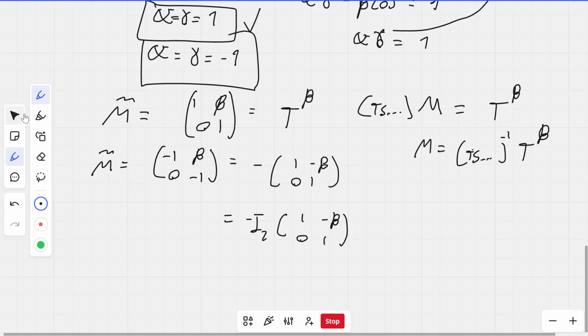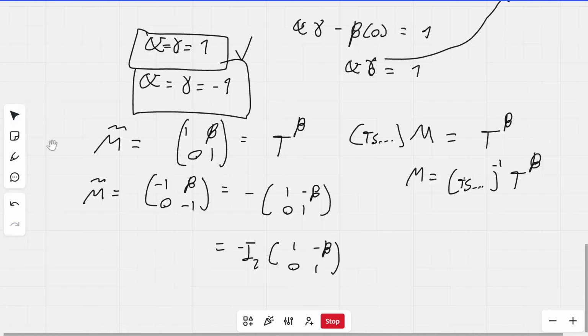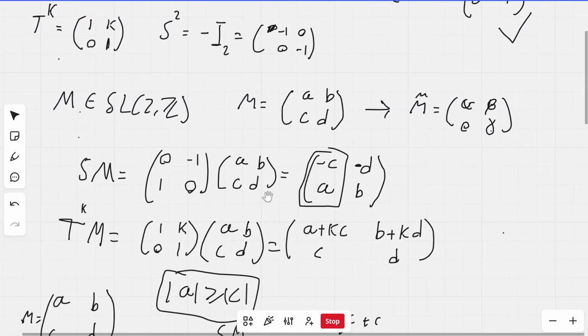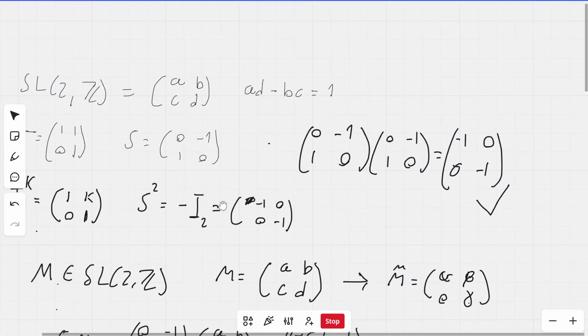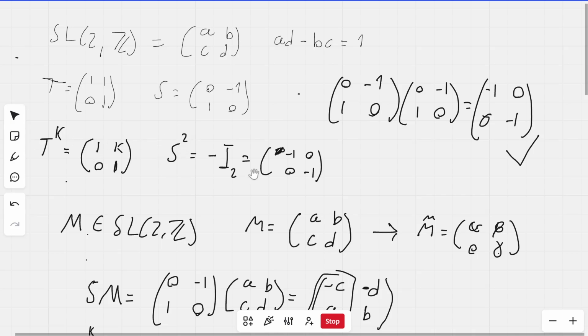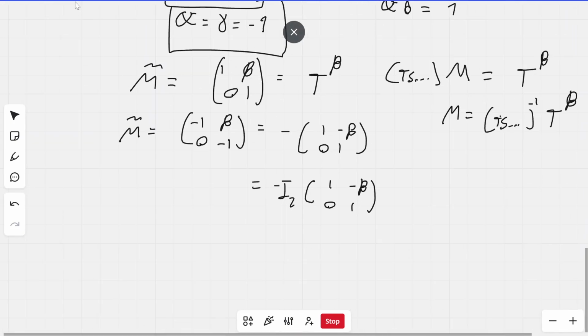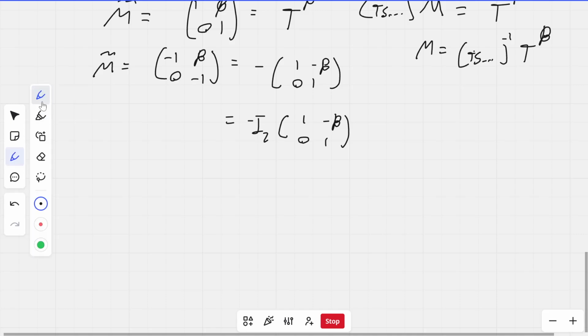But remember from before, the negative identity is just S squared. So if we scroll back down, this is equal to S squared, and then this is just T to the minus beta.